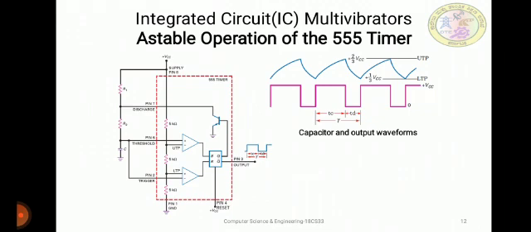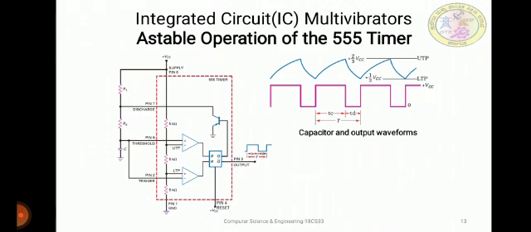As I said, the capacitor starts charging through R1 and R2, and the capacitor starts discharging through the resistance R2. This results in an output waveform whose voltage level is approximately equal to VCC minus 1.5 volts, and whose output on and off time periods are determined by the capacitor and resistor combinations.